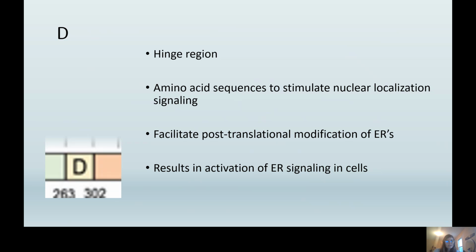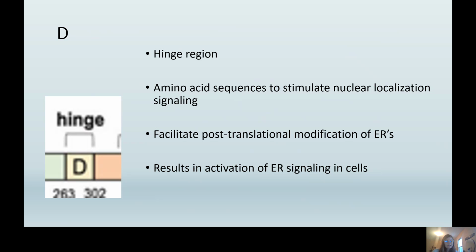For the D domain, this is the hinge portion, which has sequences that stimulate nuclear localization signaling. This facilitates the post-translational modification of estrogen receptors.